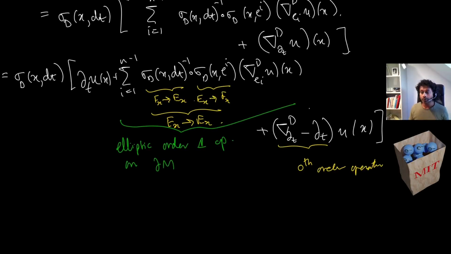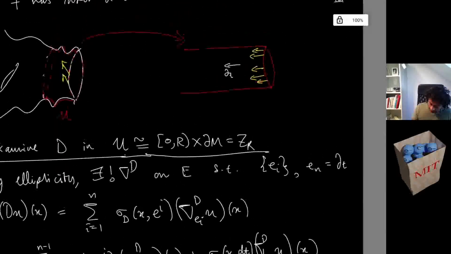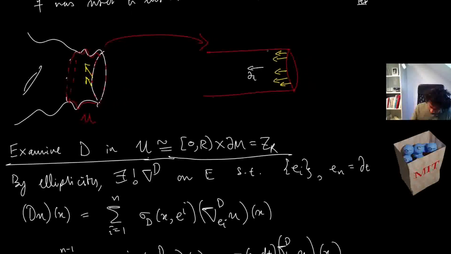It's purely an operator on the boundary, right? So this is differentiating in the t direction into here, and we now have an operator which acts just on these slices.